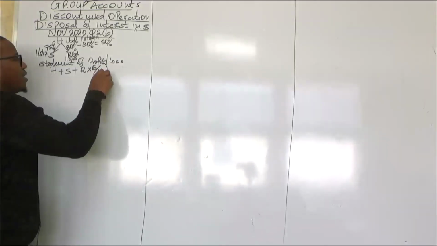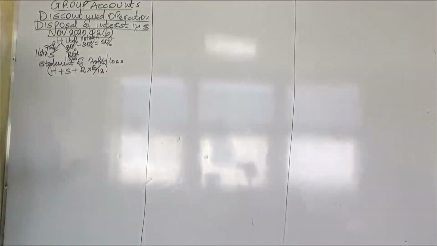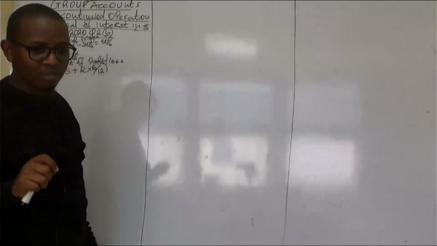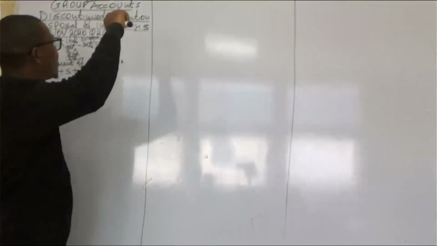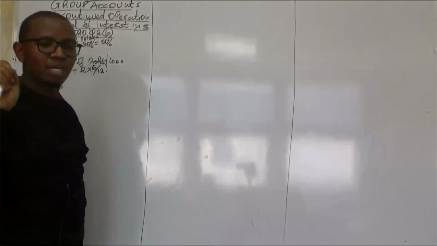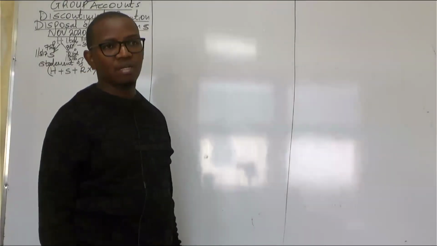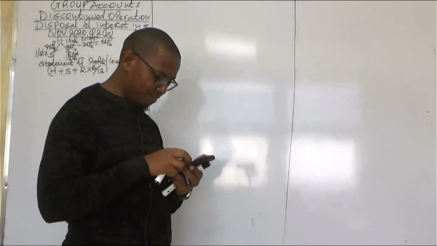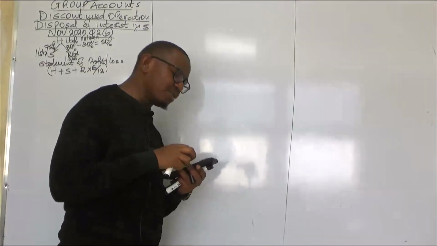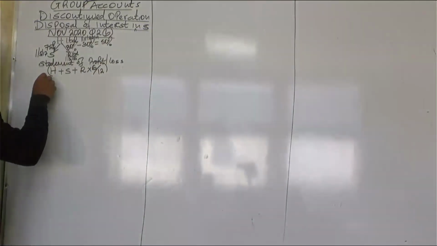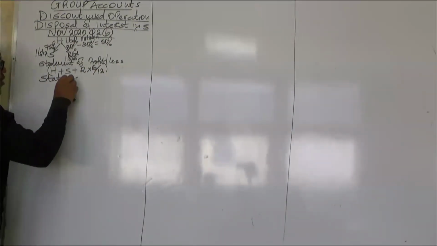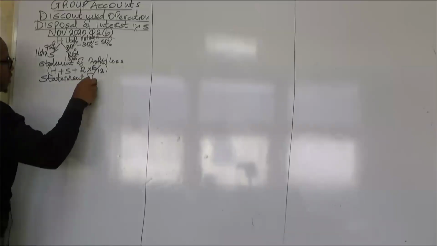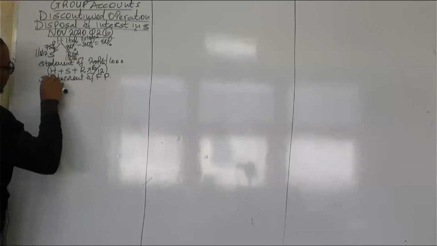So that is how we consolidate the statement of profit or loss. I've said we only consolidate when it's a what? A subsidiary. So before this 30% that was disposed, it had already existed as a subsidiary. We continue. What about the statement of financial position?